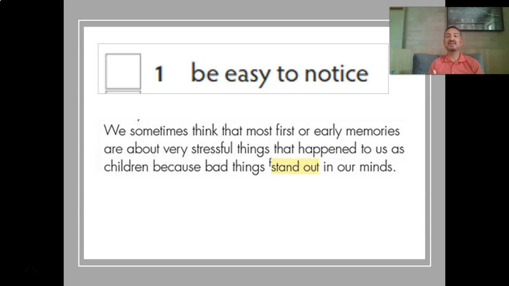So they are easy to notice. They are more emphasized. I can say that George stands out in the middle of the crowd because he's wearing a flashy yellow t-shirt. So he stands out. Everybody can notice him.